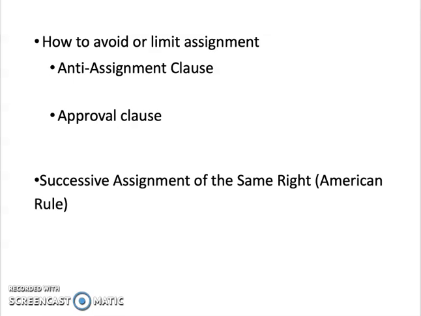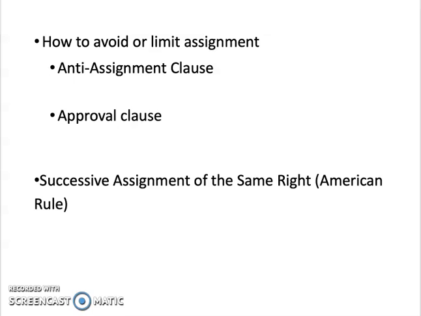The other option, which can sometimes be part of an anti-assignment clause, would be an approval clause. An approval clause would be a term in a contract that would state that the assignment can only be done with the approval of the other party.